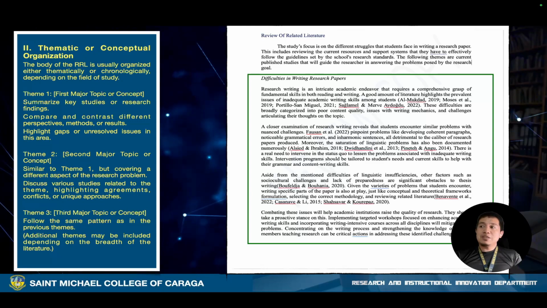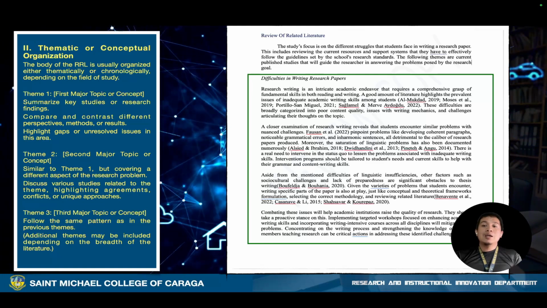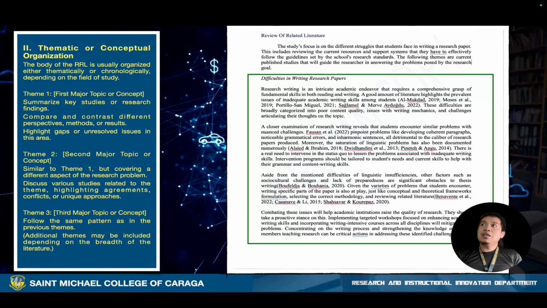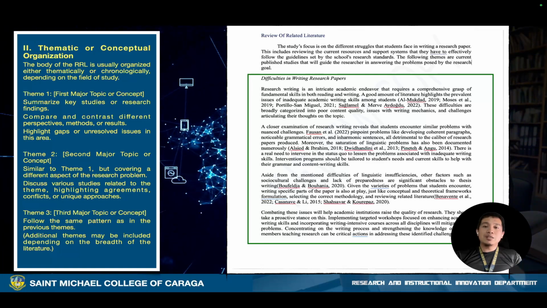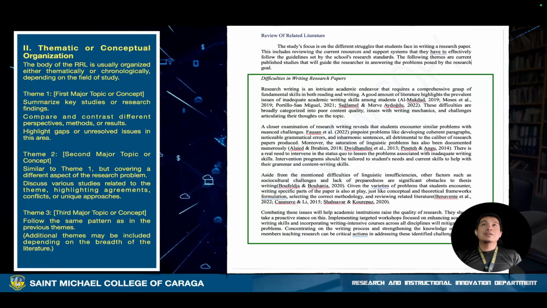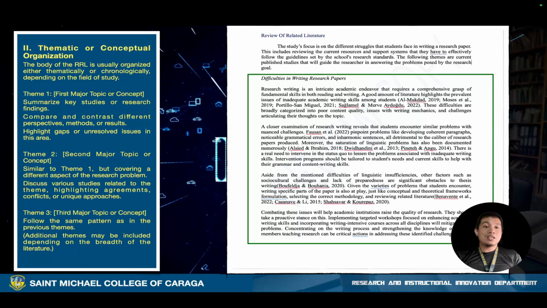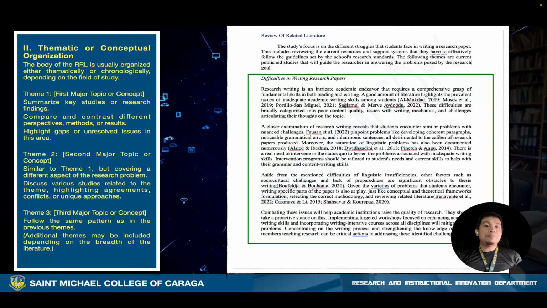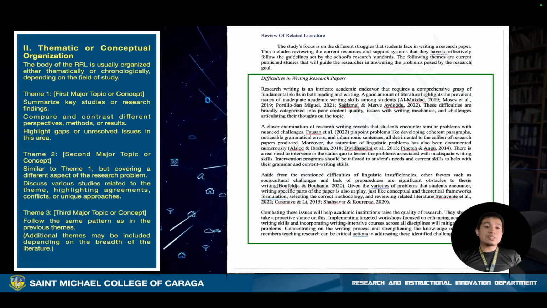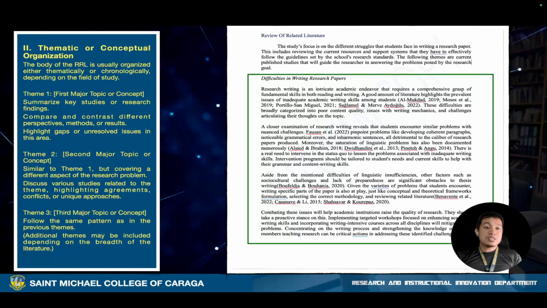But in some cases, it could also be more because in your study or reading of the journal articles, there are certain studies that would create different themes that would help you understand your study further. For example, in this organizational structure, if you have the theme with you, then you need to look at the key studies or research findings that you need to discuss.